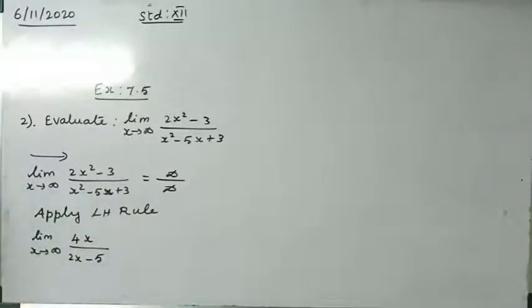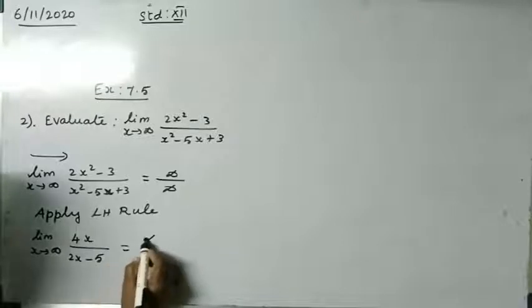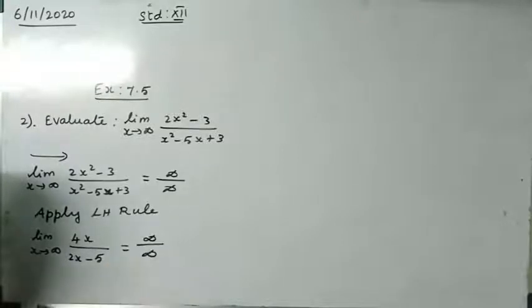Now that's all. So when applying the LH rule, we differentiate separately and write it out. Now apply this limit. Once again we are getting infinity by infinity form. So we can apply again.